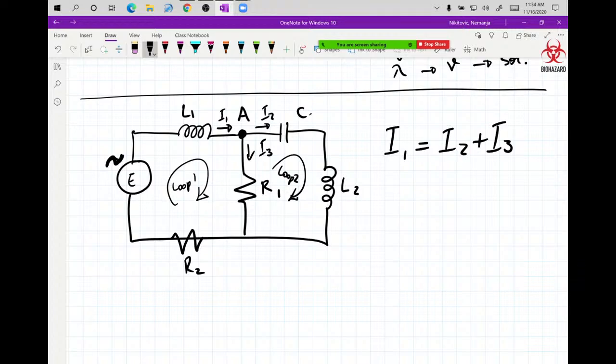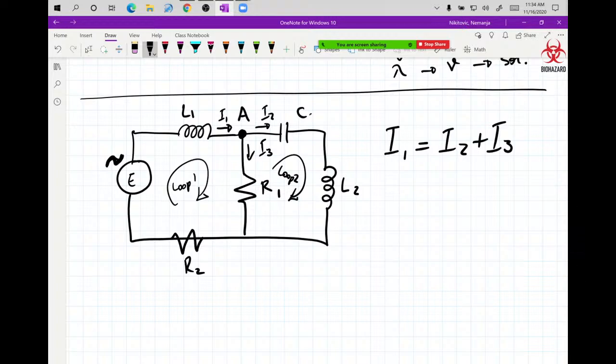I was trying to find real quick the page on which you had the voltage drops. If you remember, there was a voltage drop for capacitor, voltage drop for inductor, and they were all given for each one of these.